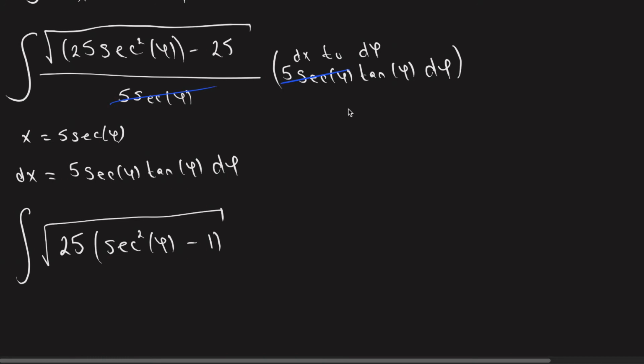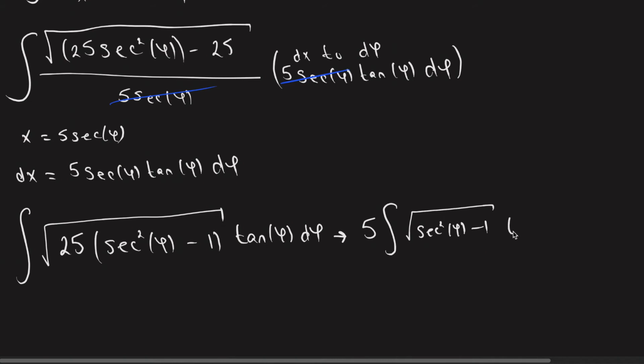And now we just have a tan of phi d phi on the outside. We see that the square root of 25 is just 5. We can pull that outside of the integral. We're going to have the integral of secant squared minus 1 now, and then tan phi d phi.